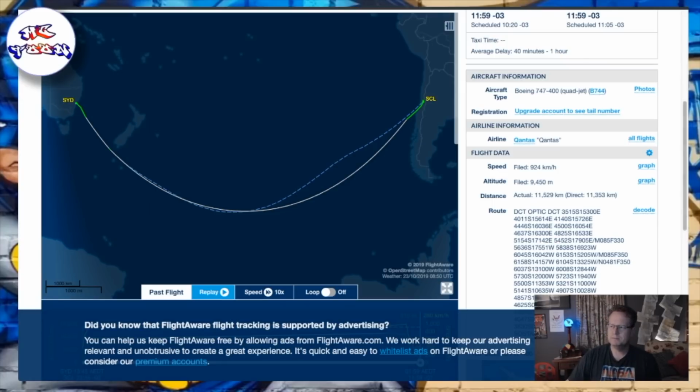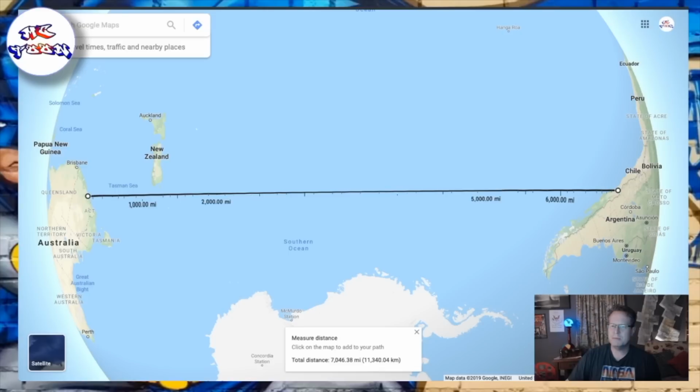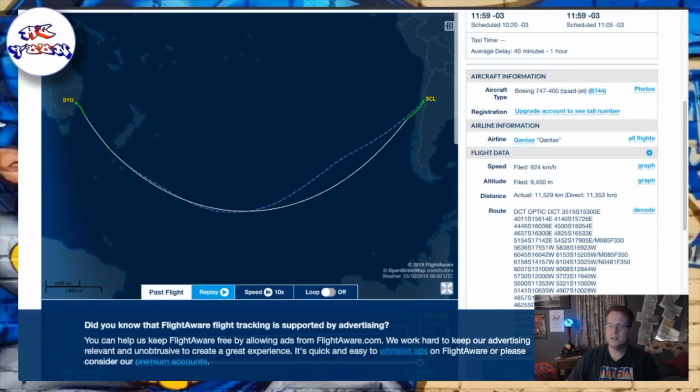Something's wrong. Now we can look at Google Maps and we find the same number, 11,340. That's a direct line-to-line, airport-to-airport versus the slightly modified path that an airplane has to take to come in and out of the different airports at different angles.